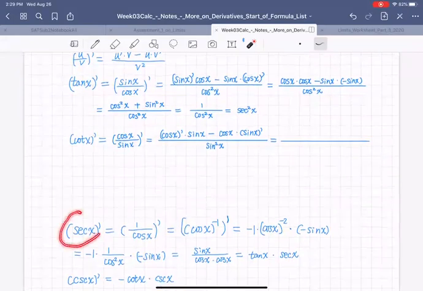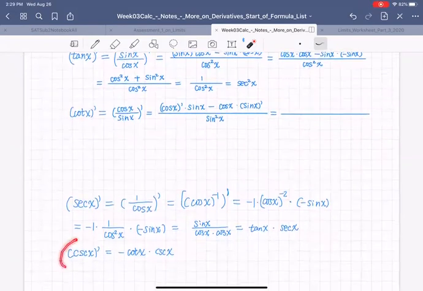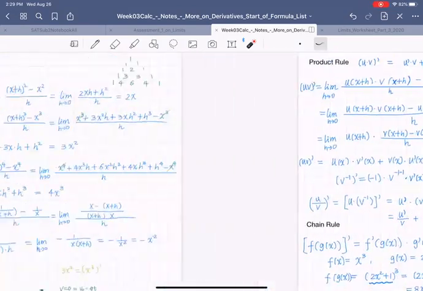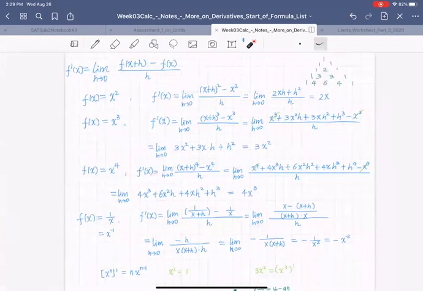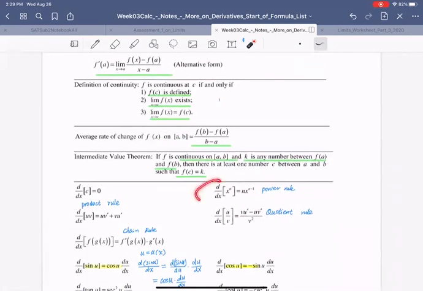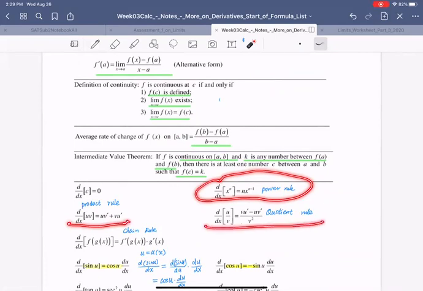You also need to finish the secant x derivative by yourself, and also the cosecant x derivative. My homework for you today is that I want you to be able to derive, and remember, the formula definition of the derivative. You should be able to derive the power rule, product rule, quotient rule, and remember the chain rule.